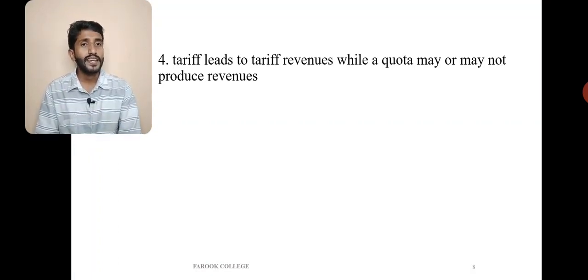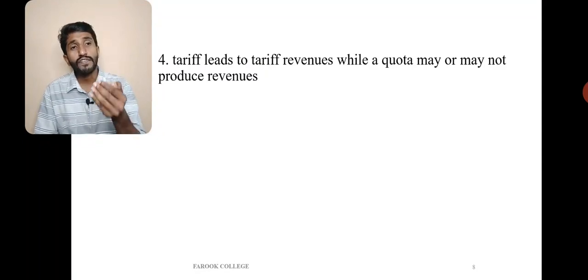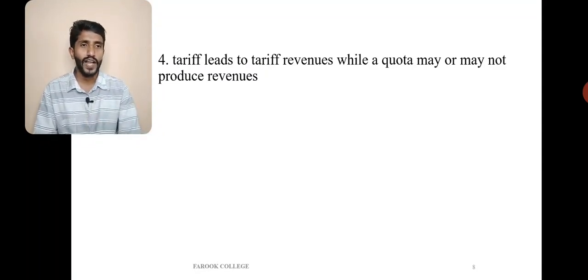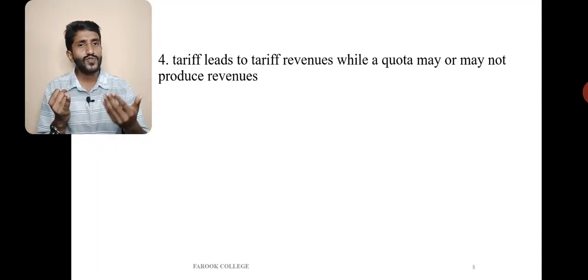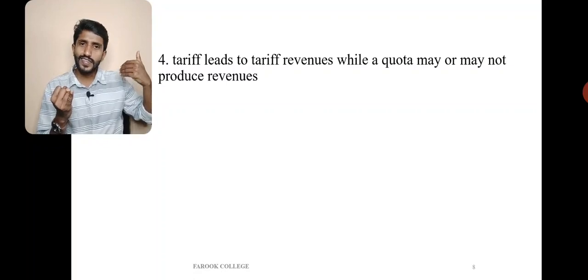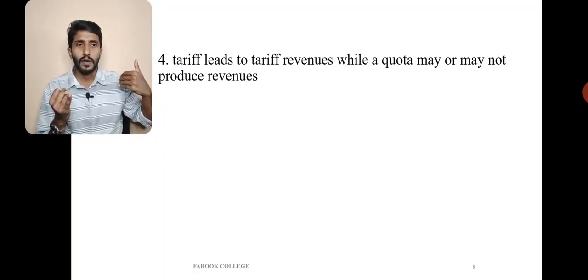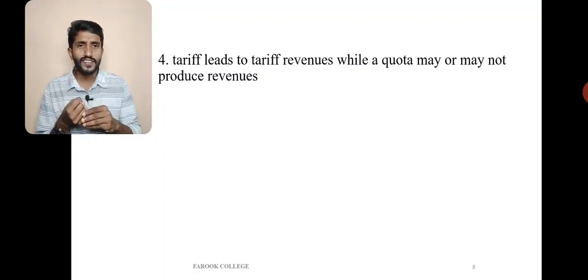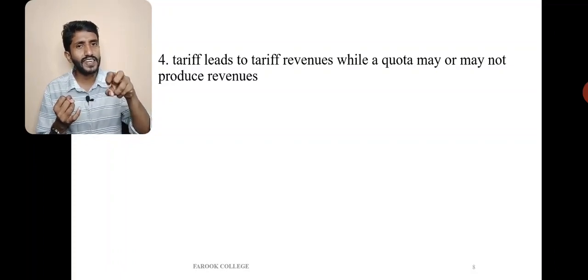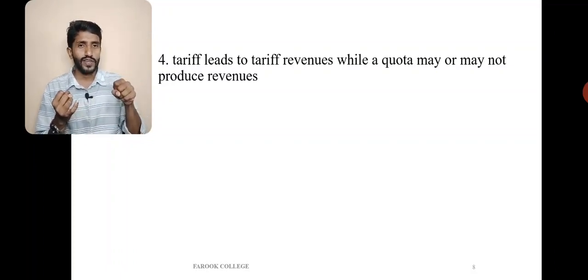Then finally, tariff leads to tariff revenues to the government, while quota may or may not produce revenues. A tariff is nothing but a tax to the government, so it is a revenue to the government. But in the quota system, there won't be direct benefit or direct revenues to the government.